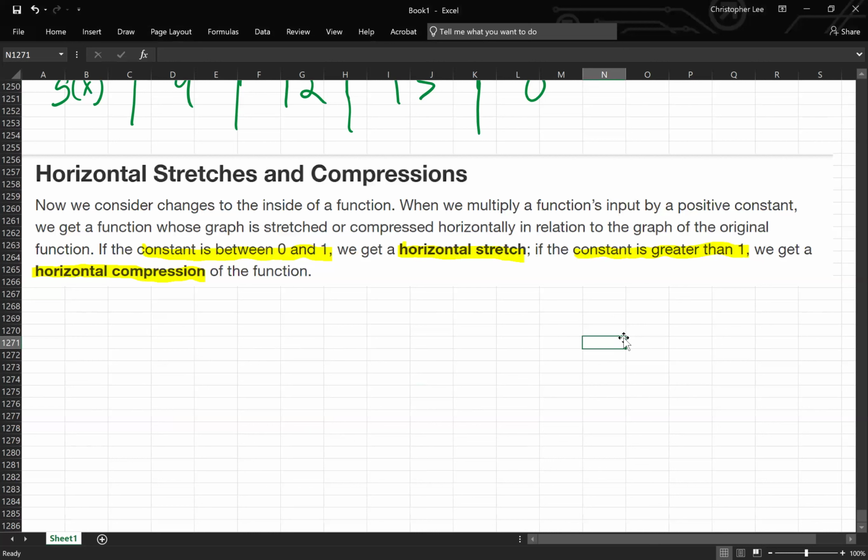So if the constant is between 0 and 1, we get a horizontal stretch. So when it's a fraction, we get a horizontal stretch. Now, if the constant is greater than 1, then we get a horizontal compression of the function.